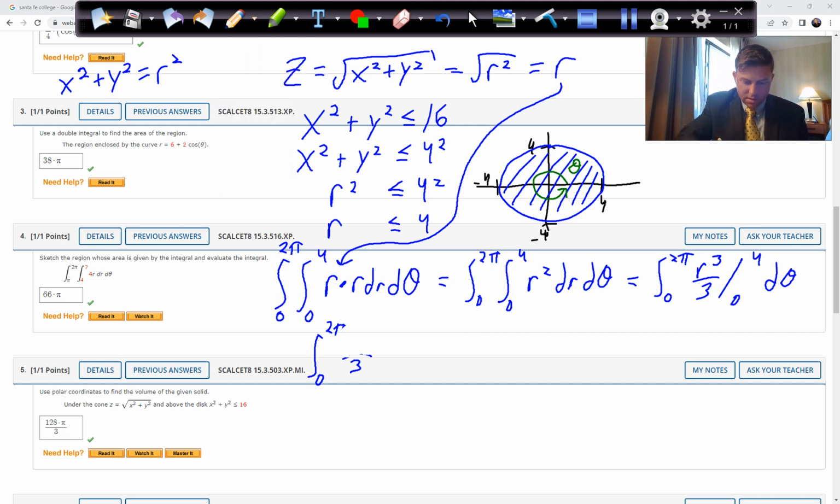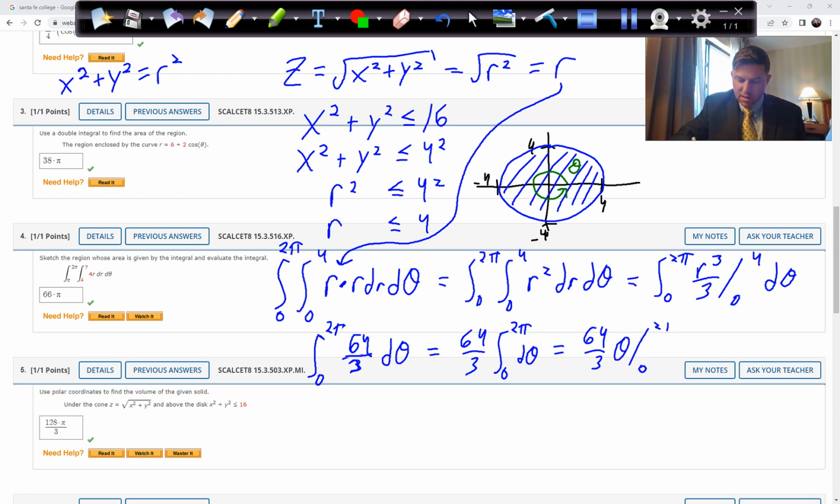This would be 48 over 3. And then that 0 won't count, so we don't need to plug in the lower limit, and that's d theta. Okay, so then we'll factor out that 64 over 3, and we'll go from 0 to 2 pi of d theta. This looks very similar to the one we just did. 64 over 3, the antiderivative of d theta is theta, and that's going from 0 to 2 pi.